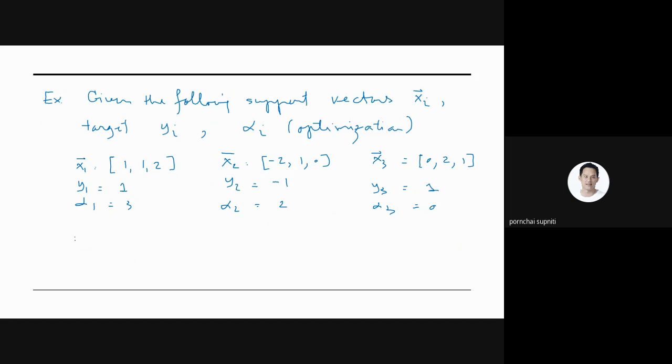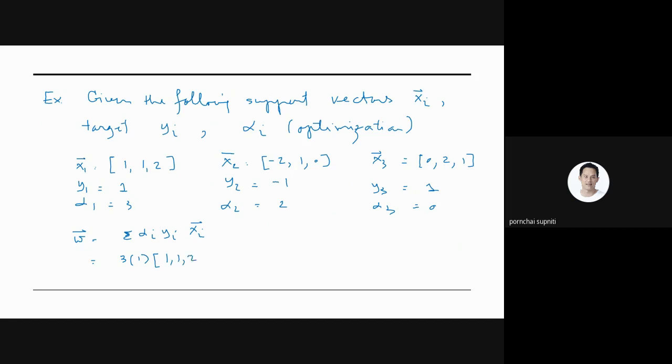Okay. So the weight vector from the previous formula is equal to summation of alpha i, yi, and then xi. Okay. But here there are three support vectors. Okay. So we have alpha 1. Alpha 1 is 3 times y1, which is 1, times 1, 1, 2.